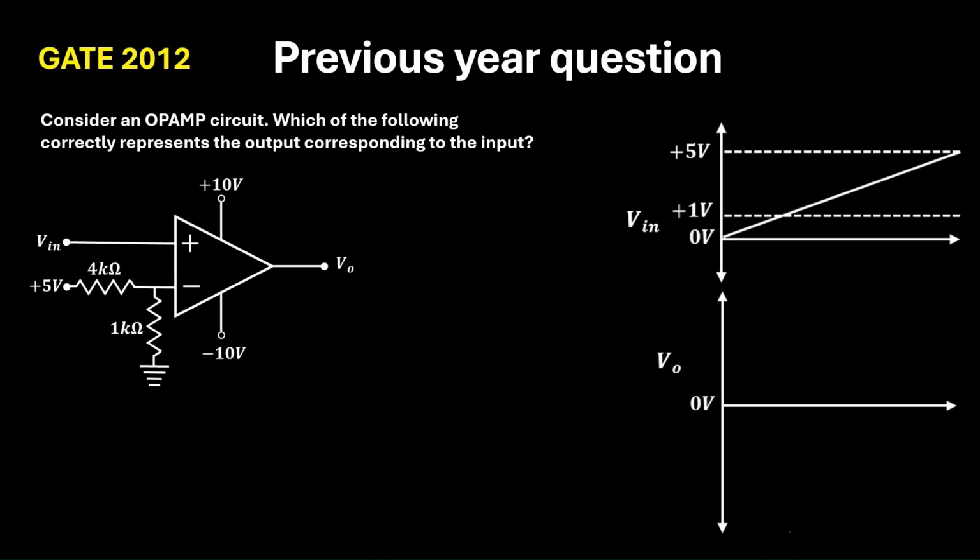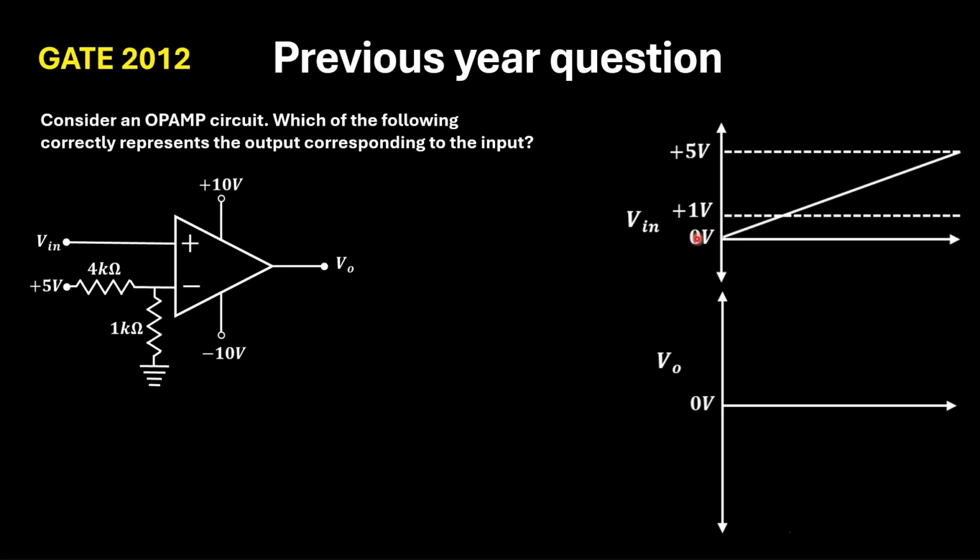Now, using the concepts which we have learned till now, let us try to solve a numerical here. This was asked in GATE 2012. The question says that an OPAMP circuit is given and you are supposed to find the output voltage, and the input voltage V in is given here.